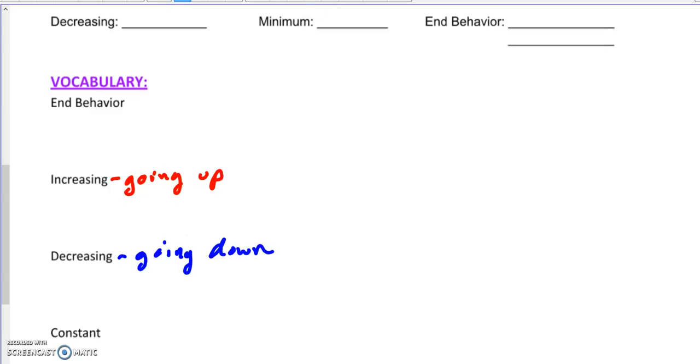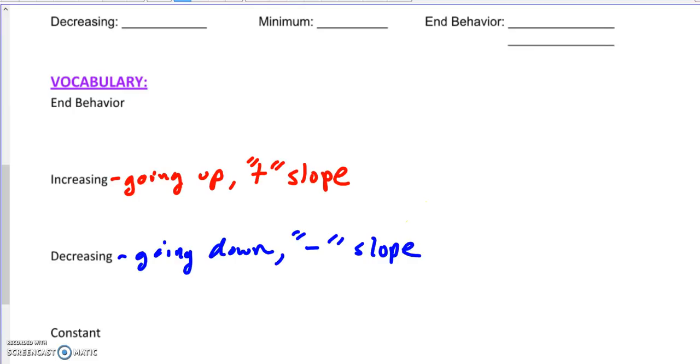There's a couple of other ways to think about this that might be helpful. Instead of thinking about it as going up, you can think about it as having a positive slope. So it is sloping upwards when it is increasing. And instead of thinking about decreasing as going down, you can think about it as having a negative slope.